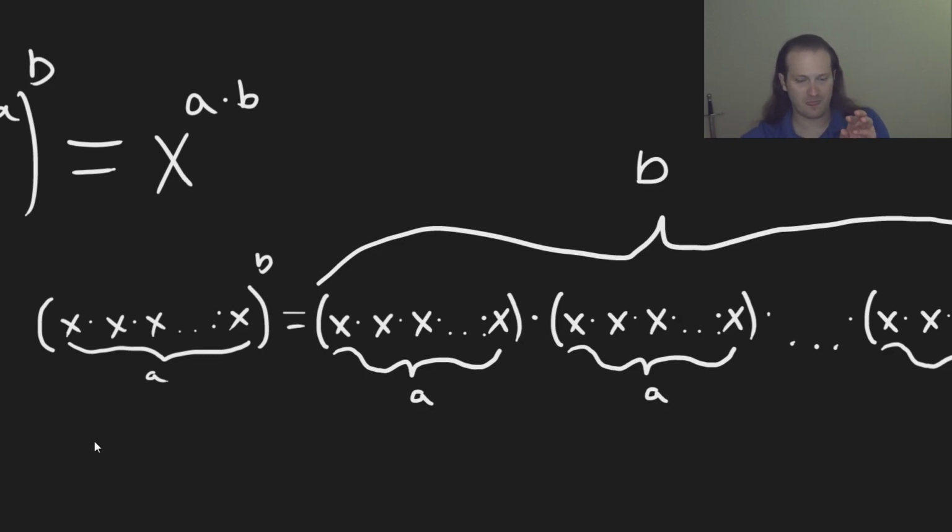Look at the blob. It's its own blob. Blob to the b is blob times blob times blob, and so on, times blob. And there's b of those blobs.